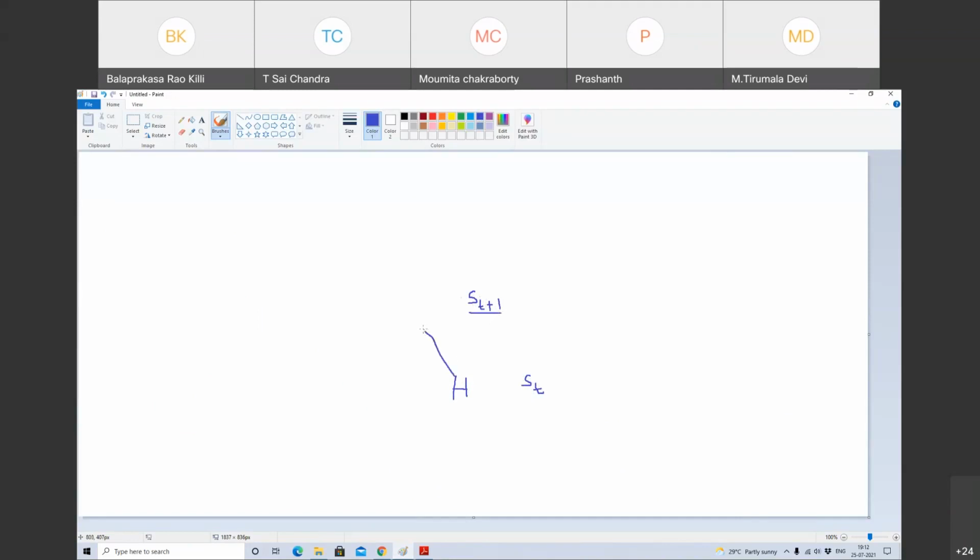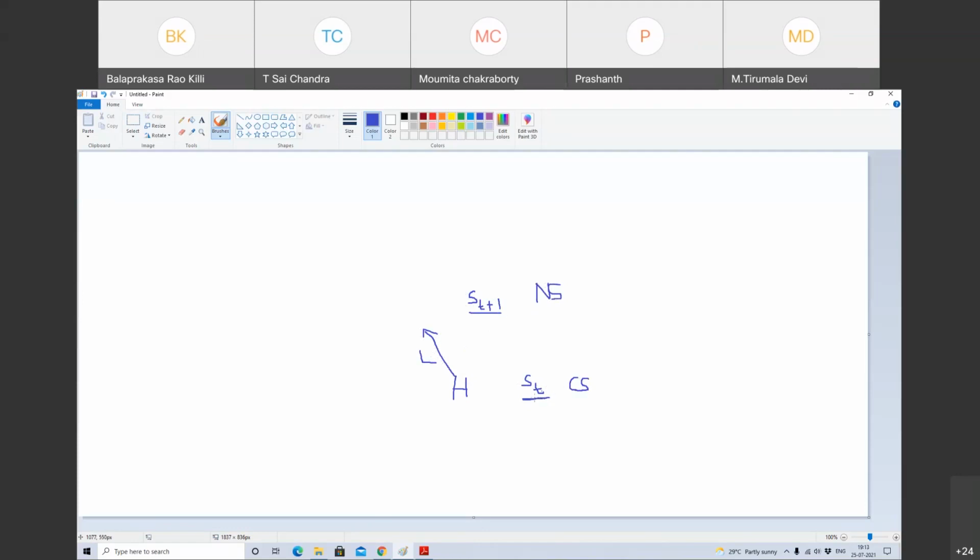You have taken some action, left or right, you have picked your action. If you know state ST, the current state, and the agent has picked some action, this is the next state.